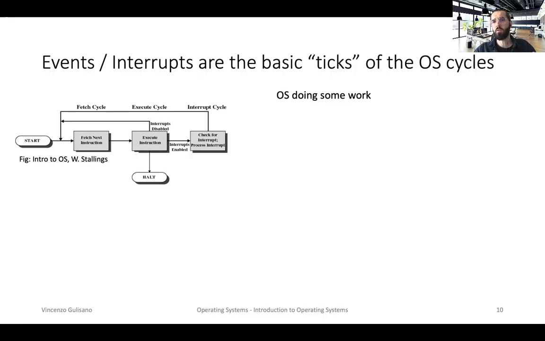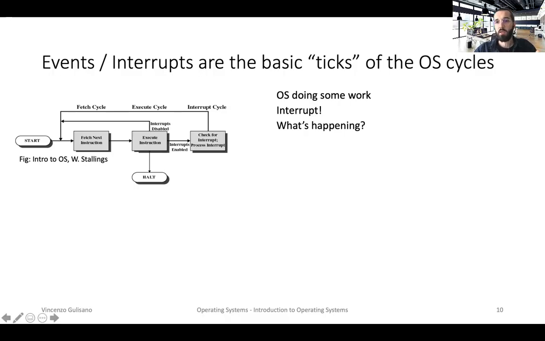But so that you start getting into the mood about these things, you have to assume that the operating system is doing some work. It's running Spotify, there is an interrupt, something happens, okay? It might be the disk that tells the operating system that a certain file has been copied from the main memory to the disk. This is an interrupt. The CPU, once it's done with the current instruction that belongs to Spotify, will check what is happening.